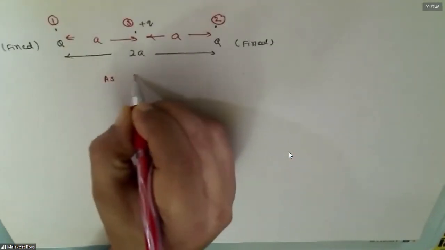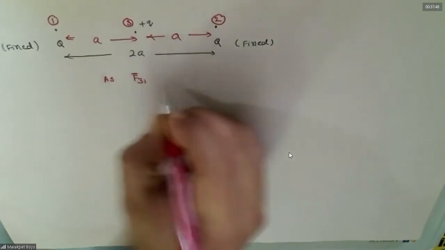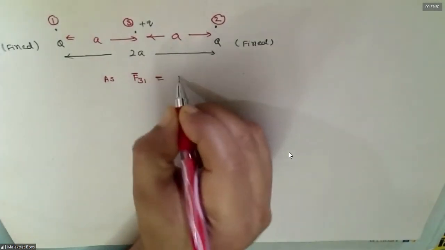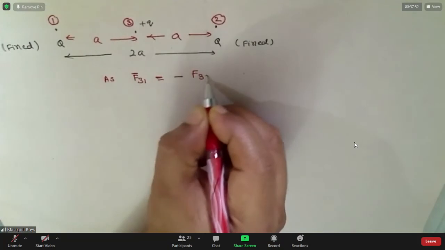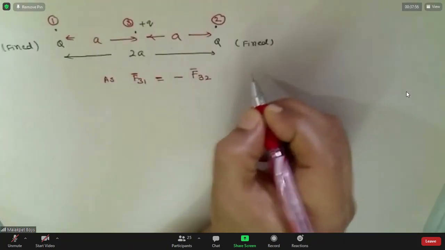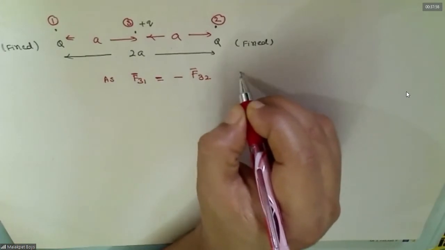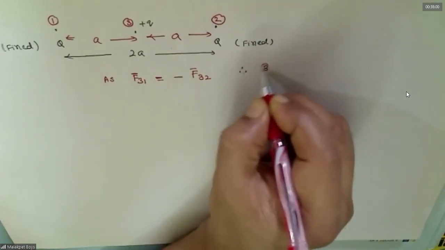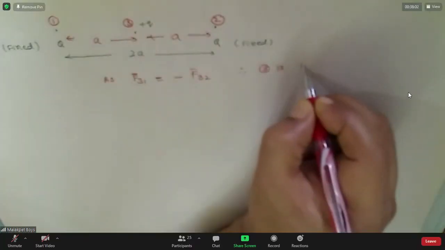Yes, sir. Force on 3 due to 1 is equal and opposite to force on 3 due to 2. Understood? Agreed.